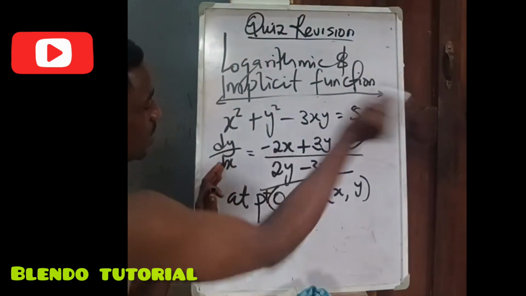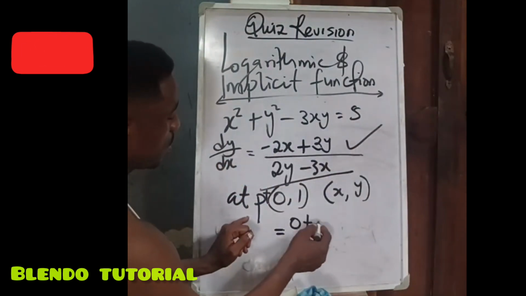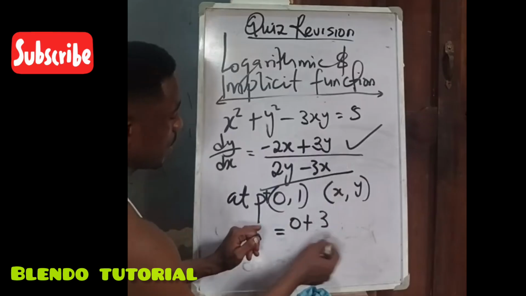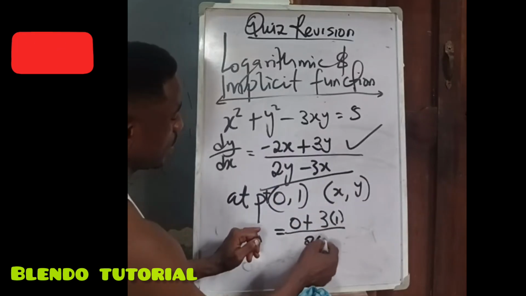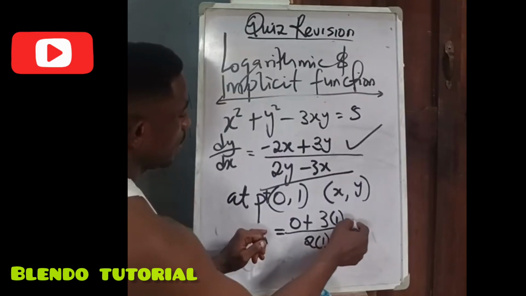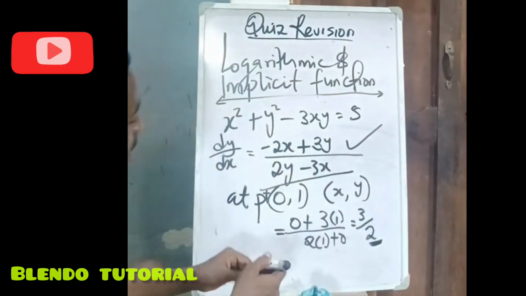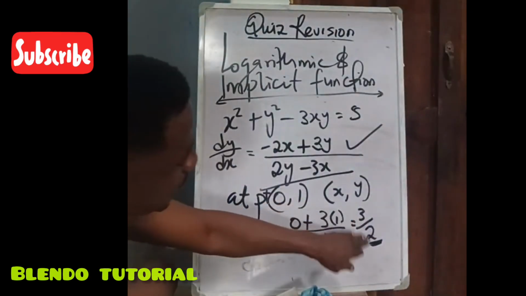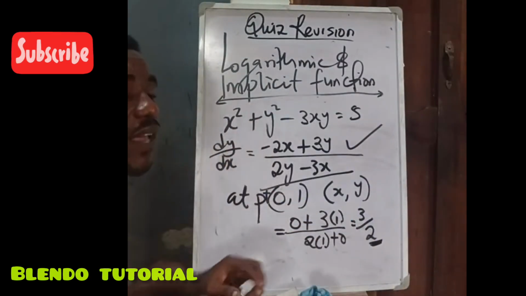Anywhere you see x, it will vanish because x is 0. So you have 0 plus 3 times 1, 3. Y is 1. 2 times 1. Then plus 0 equal to 3 all over 2. So if they say at (0, 1), the answer is 3 all over 2. Take note of this implicit function. It is very important.